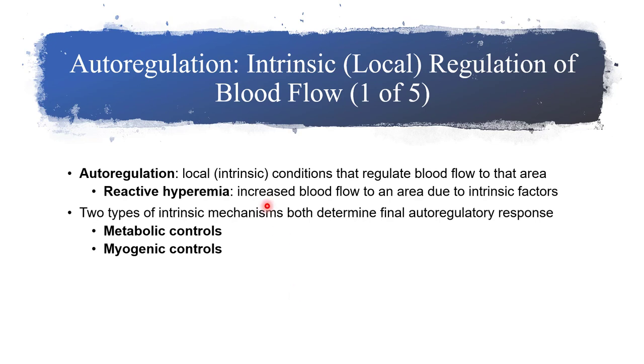Now, reactive hyperemia is an instance where increased blood flow to an area happens due to intrinsic factors. And there are two types of intrinsic mechanism. Both would determine the final autoregulatory response. One is by way of metabolic controls, and the other is by way of myogenic controls.